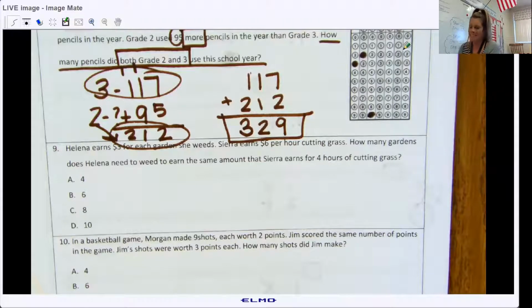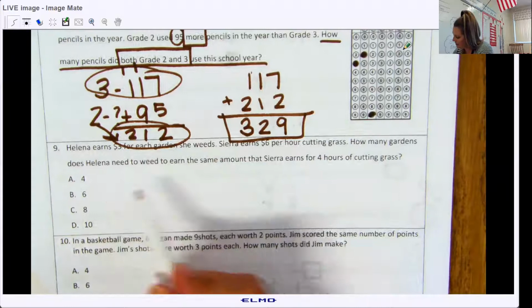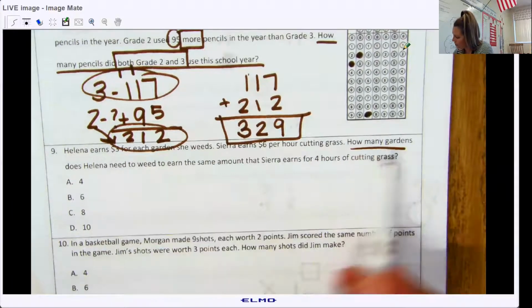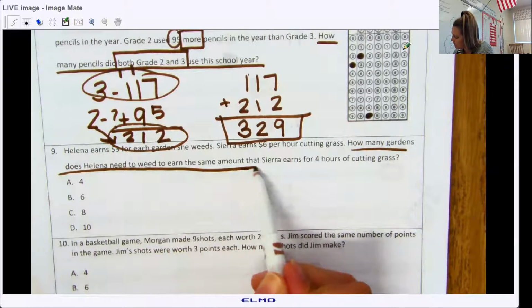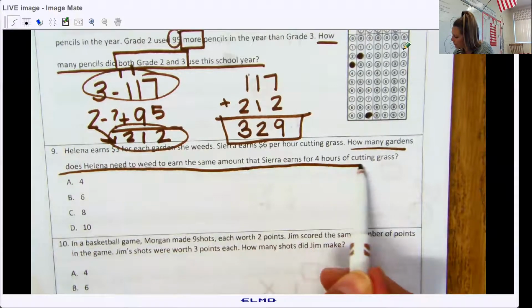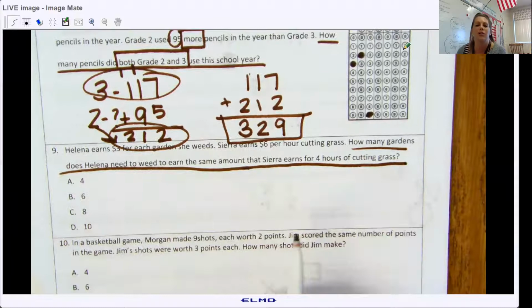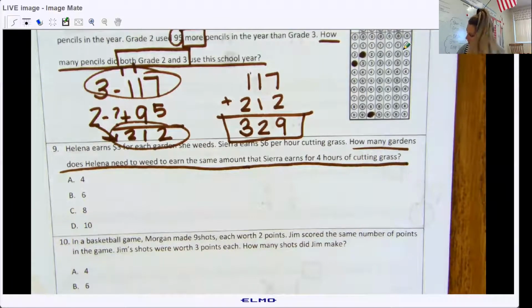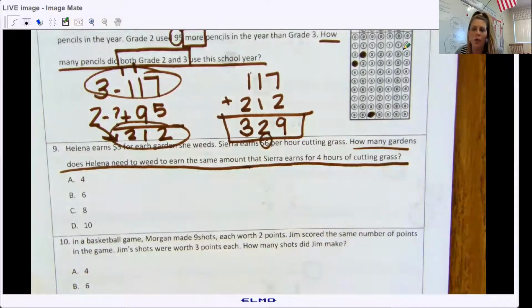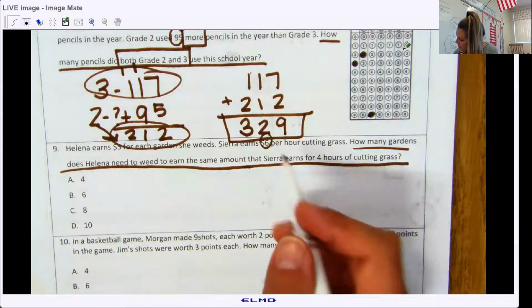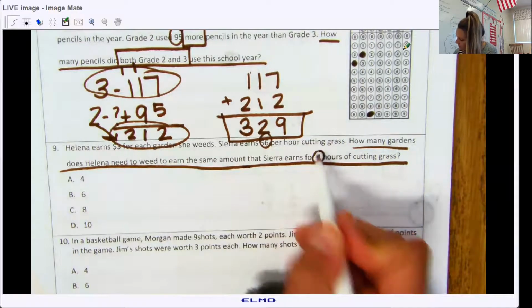All right, let's see what they're asking. It says, how many gardens does Helena need to weed to earn the same amount that Sierra earns for 4 hours of cutting grass? Well, we know Sierra earns $6 an hour, but we don't know how much money she made yet. So what are we going to do with the 6 and the 4?